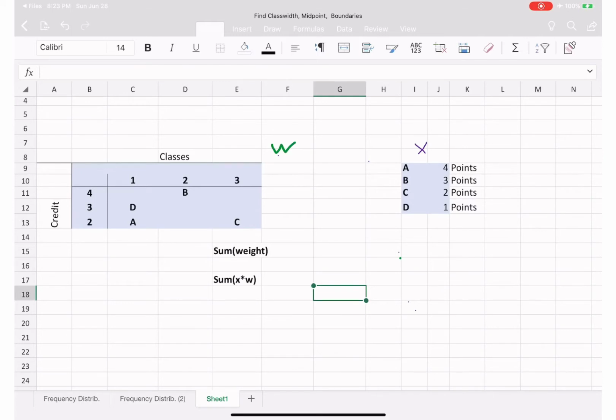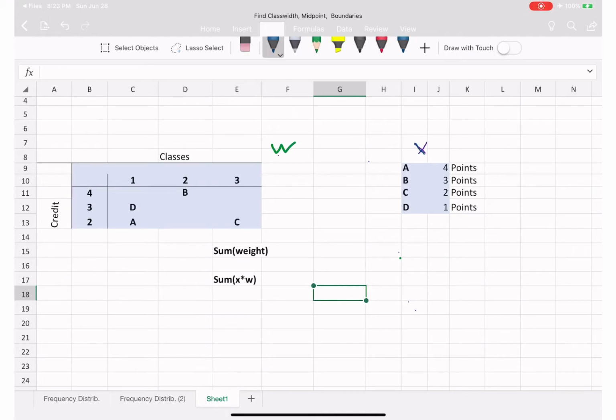So, in this problem, our x is given. It's right here, value of x. Those are points of grades. All we need to find out is the weight based on amount of classes and credit hours. So let me write down the formula first of all.